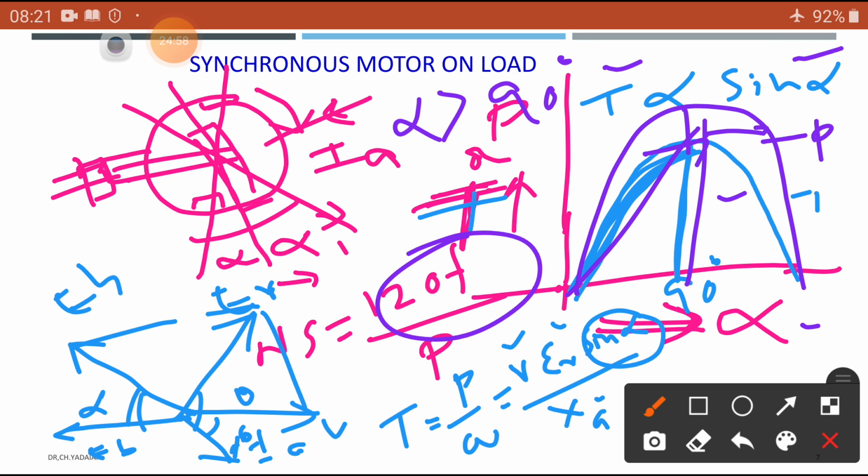For the starting purpose and for preventing hunting, we place damper copper grids or copper winding on the pole shoes of the rotor. This is the idea.